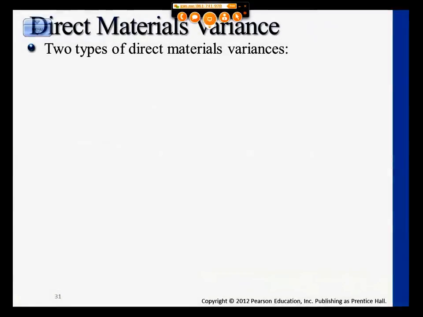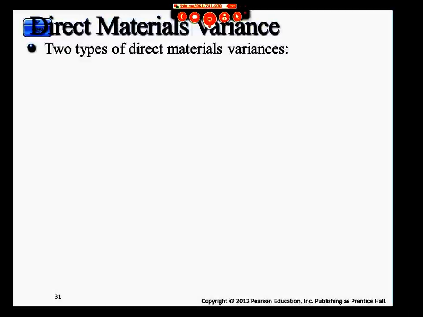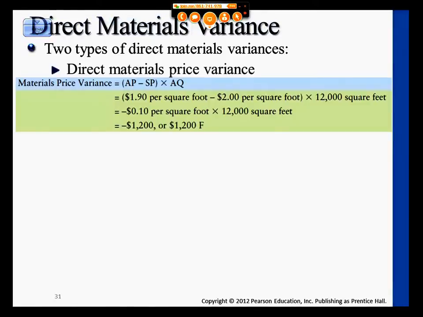Direct material variance. So let's just zoom in a little bit on direct materials. We have two types of direct materials variances: our direct materials price variance and the efficiency variance, right? We just talked about it a little ago.